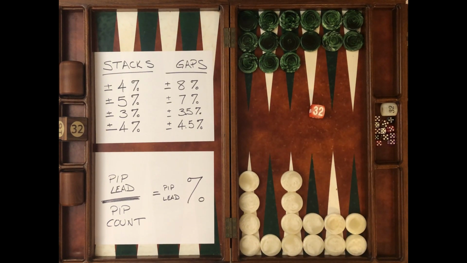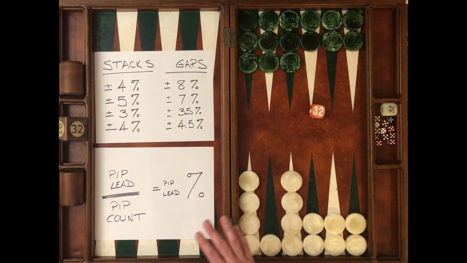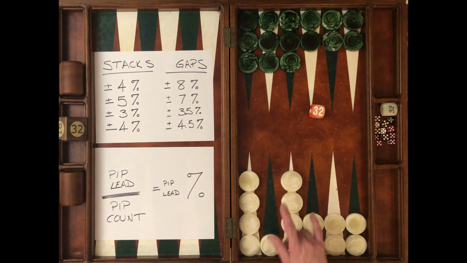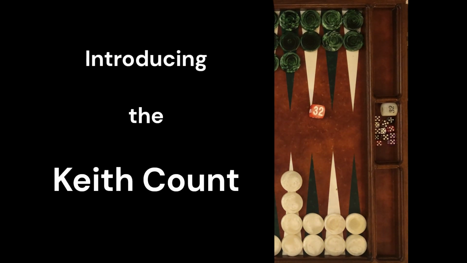So we need to start to factor in our stacks and our gaps. This is a very important thing to do, because there's nothing built into the 8-9-12 rule factoring in distribution. Now at the end of this video, I will be going over examples of how you can start to do that, and that's a very important thing to do, but this is a perfect time to introduce the Keith count.